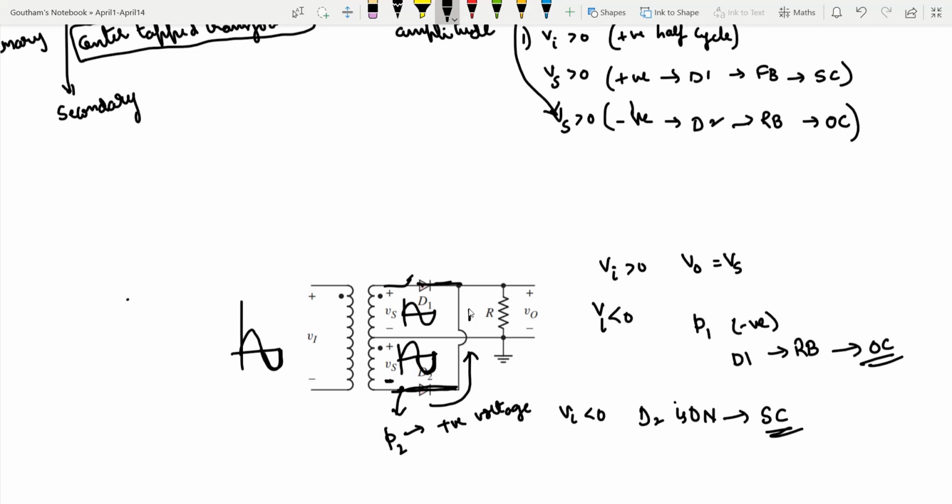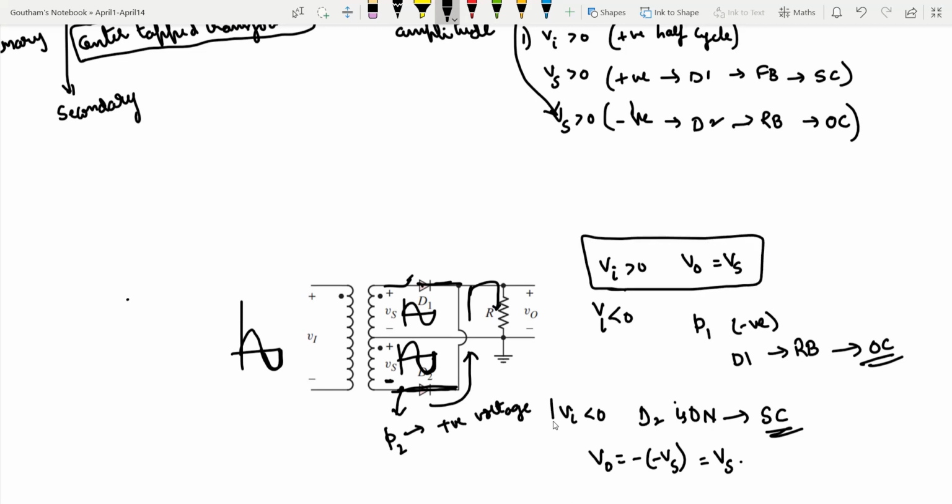This current flows through the resistor R, and V naught will be nothing but equal to minus of minus Vs, that is equal to Vs. If we put these two together, when Vi is greater than 0, V naught is equal to Vs. When Vi is less than 0, V naught is equal to Vs.